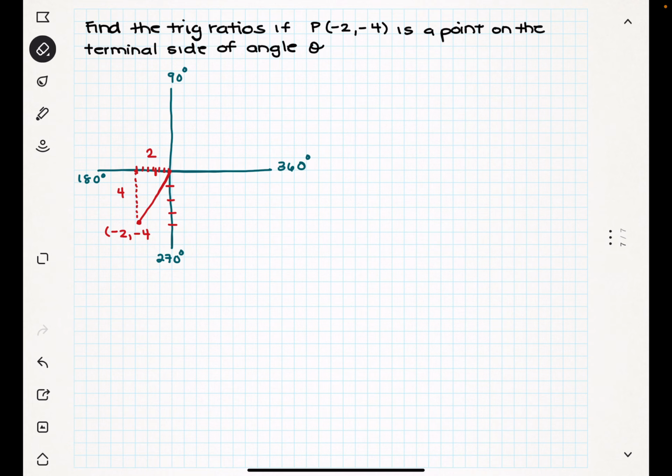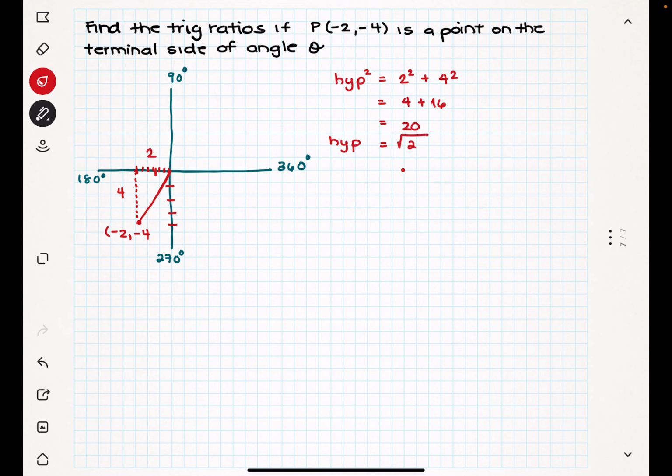And now, since we're not working in a unit circle, we need to find out what the hypotenuse is going to be. So the hypotenuse squared is going to be 2 squared plus 4 squared. So we're going to have 4 plus 16, which is 20. So my hypotenuse is going to be the square root of 20.